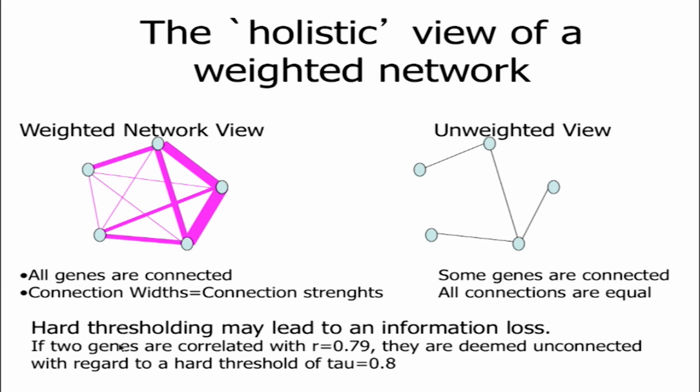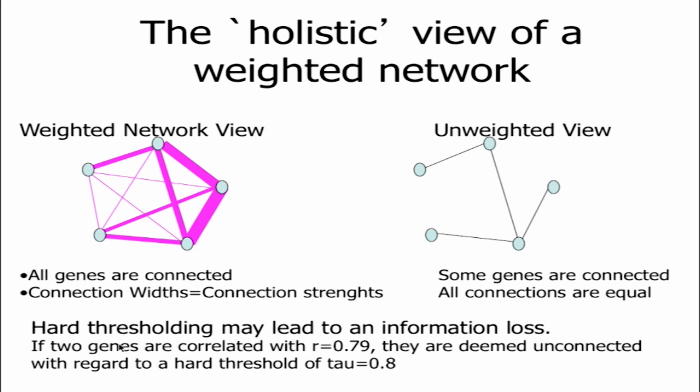In unweighted networks, you only ever have an edge or you don't have an edge. And so the problem with unweighted networks is that they lead to a loss of information. For example, imagine you have a threshold of 0.8, where you say if the correlation is bigger than 0.8, I connect the genes. And what happens if a pair of genes has a correlation of 0.79?